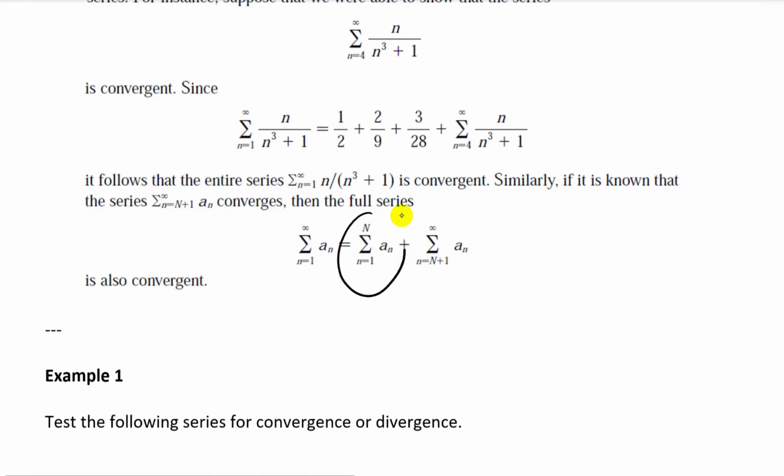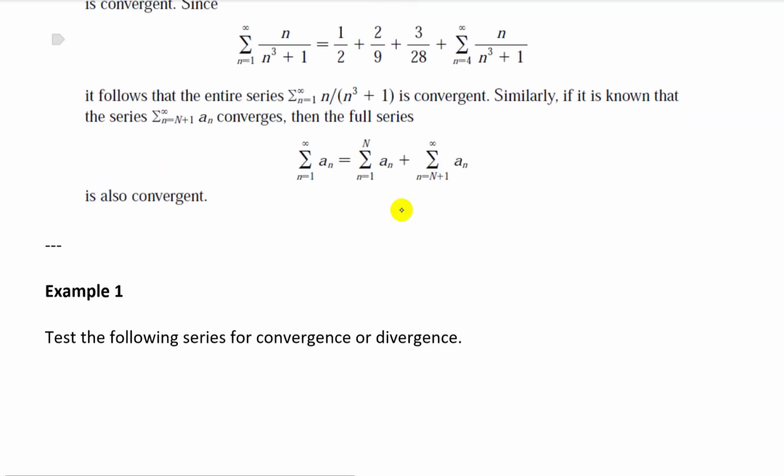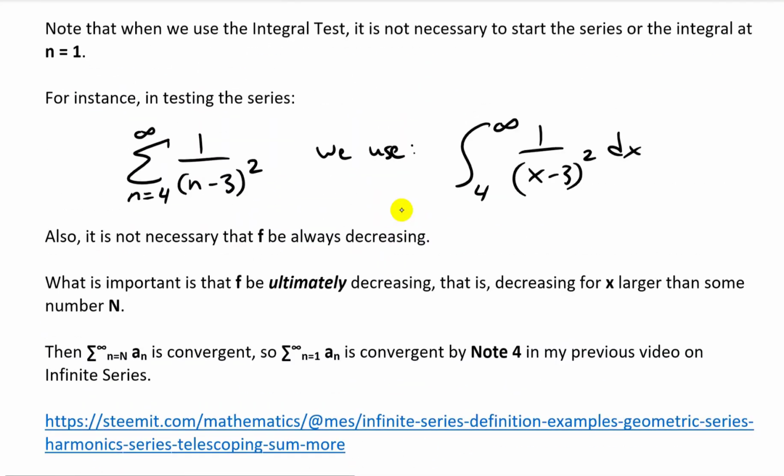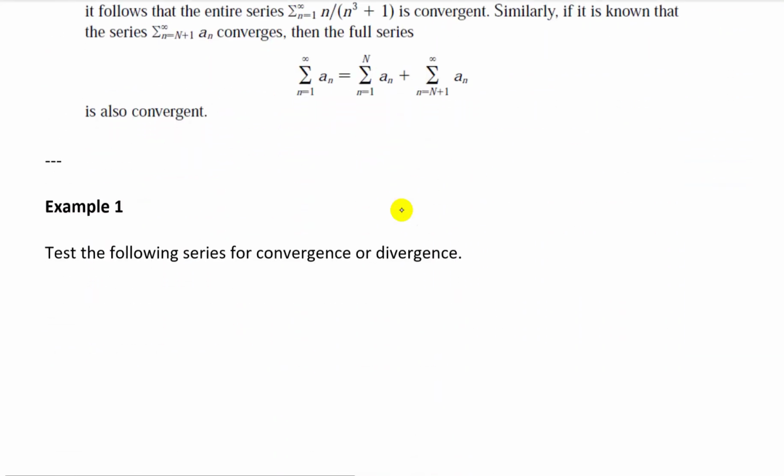These are just finite terms, and this one goes to infinity. As long as that converges, everything else converges, because these are just finite terms. So that follows exactly as I was stating here: it does not need to be always decreasing, as long as eventually it's decreasing.